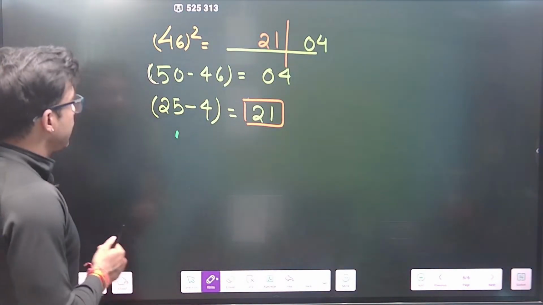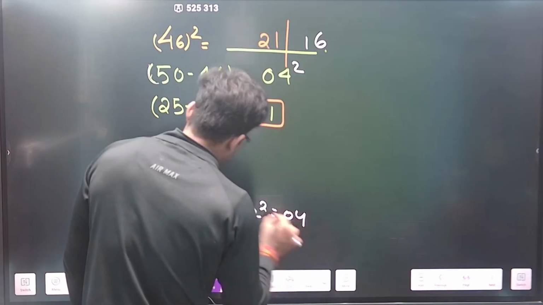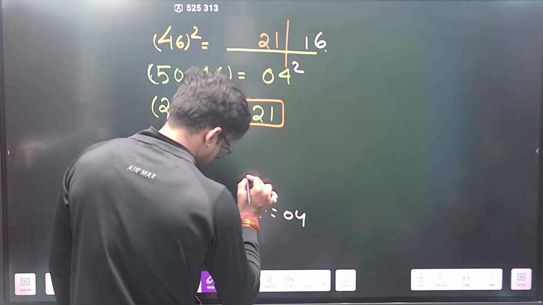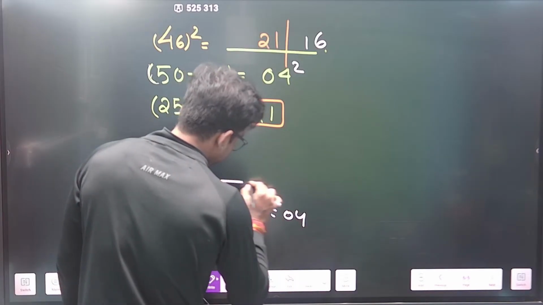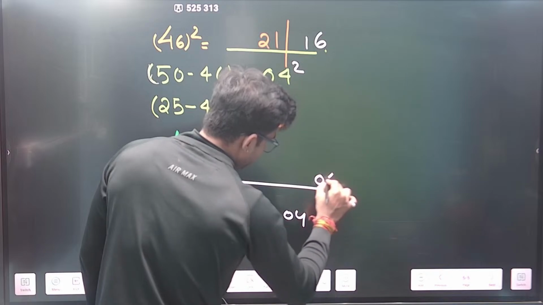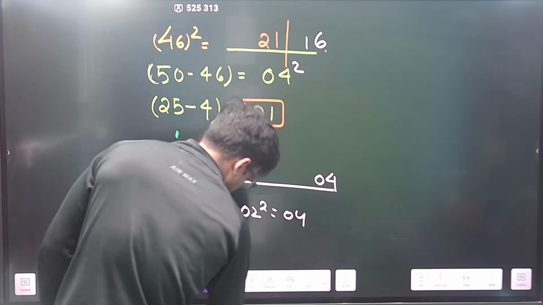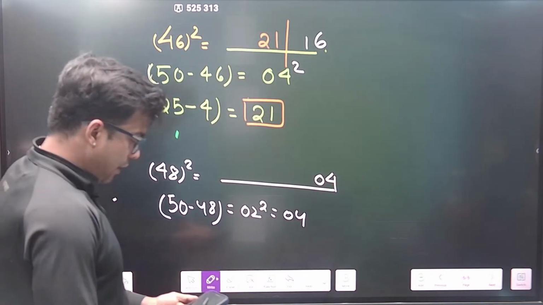Let's go for 48 ka square. 50 minus 48 is 2, and the square is 04, so write down 04 here. I hope you understood.